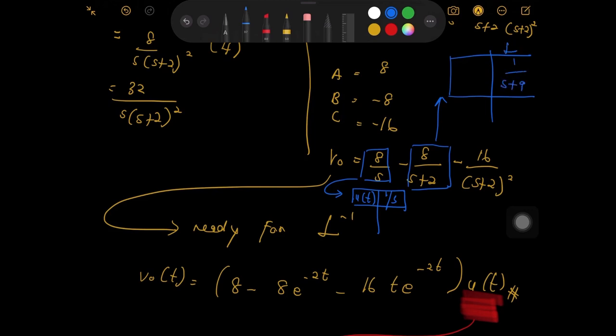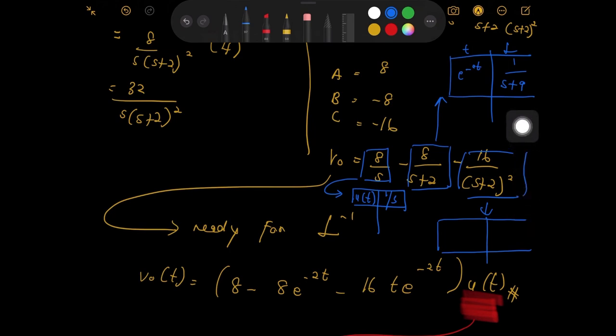All of these can be obtained from the transformation table of Laplace transform, which I advise anyone who does not have the table to obtain online. My students already have it.